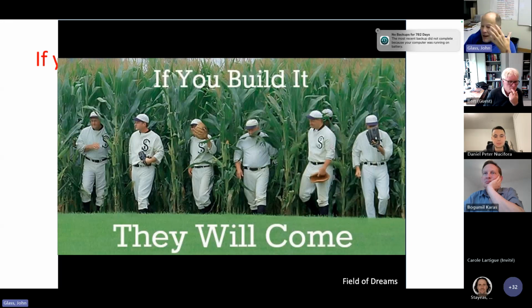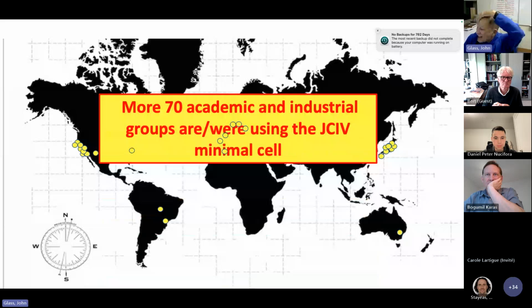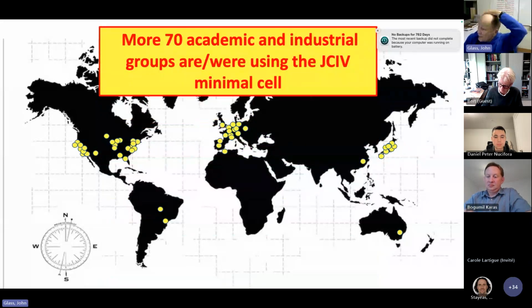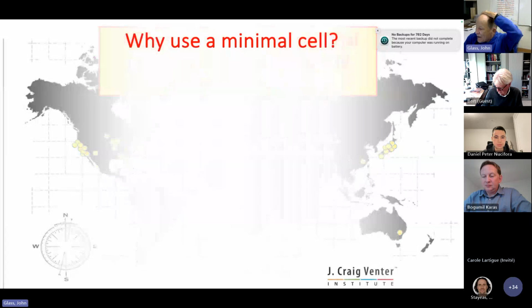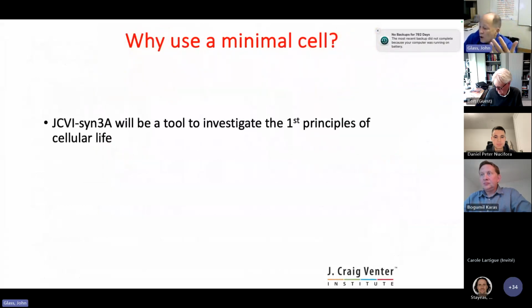Many of you who are here today are part of this movement that we've got going with the minimal cell, where we built the thing and so many of you are using it. I haven't updated this slide, it's now 80 labs that are using it as opposed to 70. I need to be putting new dots and updating this slide. But I'm just really thrilled with the way this is all going.